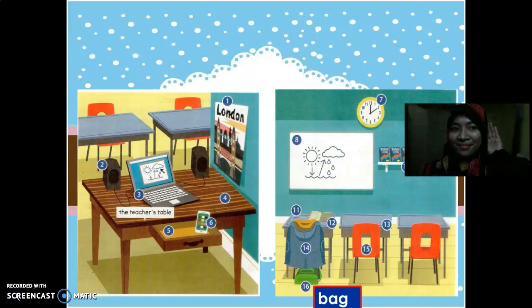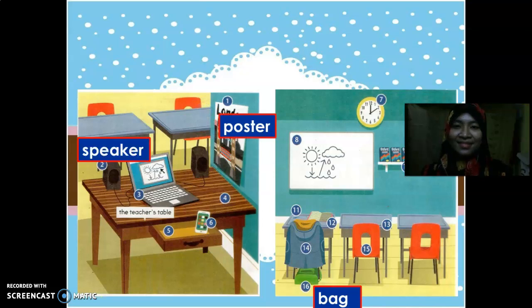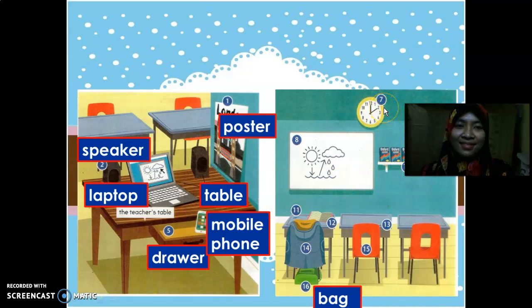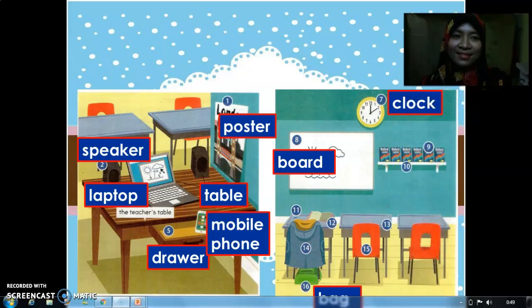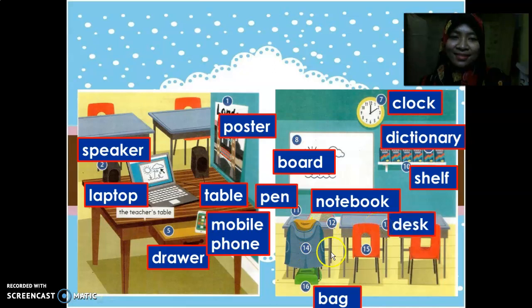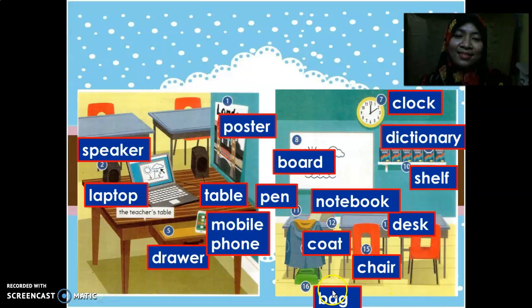Starter Unit. Vocabulary. Exercise 1. 1, Poster. 2, Speaker. 3, Laptop. 4, Table. 5, Drawer. 6, Mobile phone. 7, Clock. 8, Board. 9, Dictionary. 10, Shelf. 11, Pen. 12, Notebook. 13, Desk. 14, Coat. 15, Chair. 16.